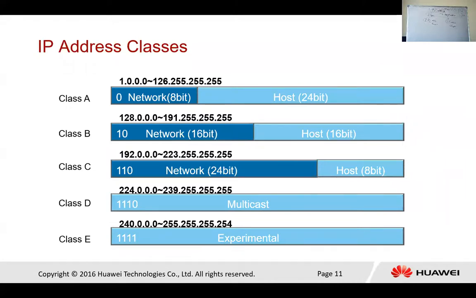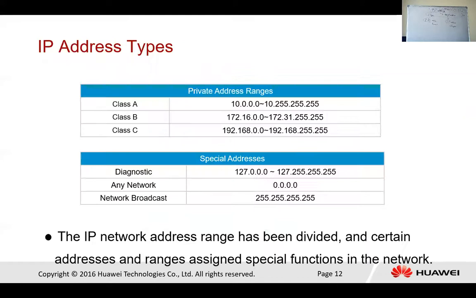We also learned the classes: A, B, C, D, and E. These are the 5 classes, but most of the time we use the first 3 classes, A, B, and C.